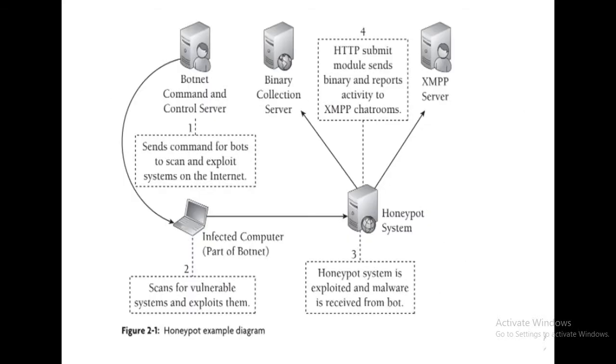So what is the architecture? This is the architecture, one example diagram. Here is the botnet. The botnet is the attacker. That attacker comes and attacks our system, this is our infected computer. So we are actually keeping a honeypot. Whenever the botnet comes and tries to attack the computer, he will be trapped in this honeypot, and we can store his information: what type of malware he is using, what type of system he is handling.